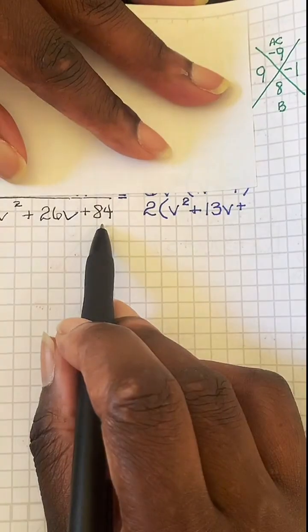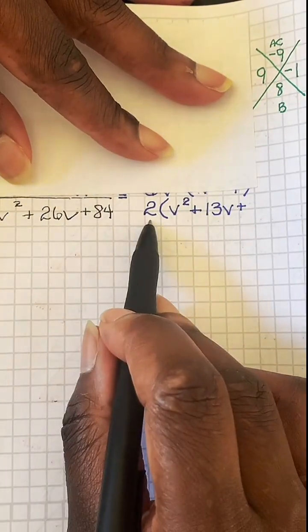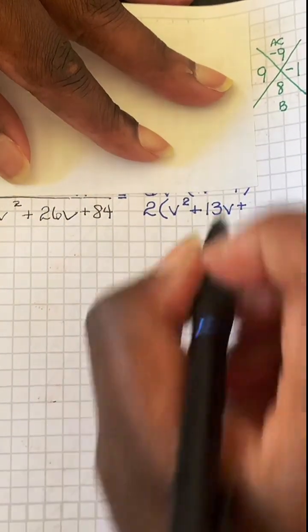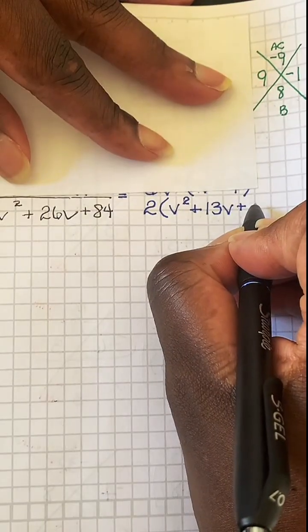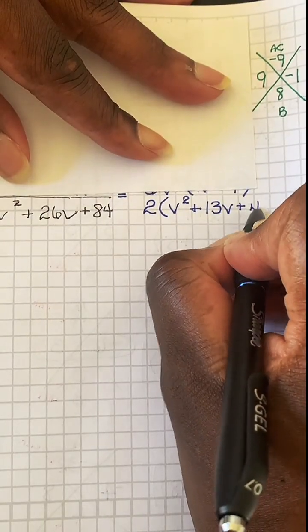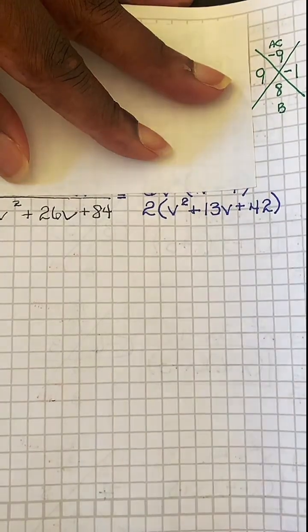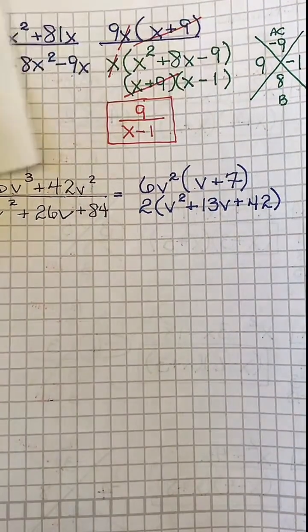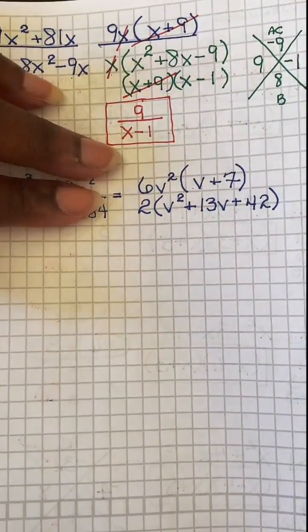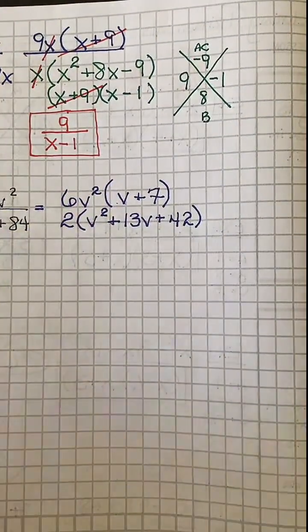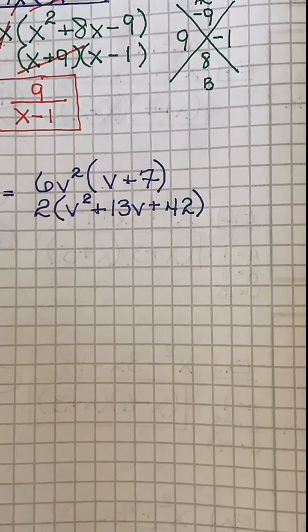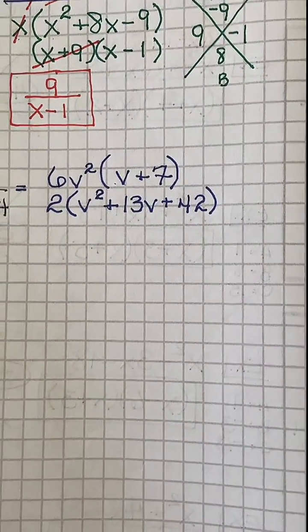Then we have our 84. Taking half of 84, divided by 2, that gives me my 42. Okay, so now we're no longer looking at what's in black. We're going to focus on what's in blue.